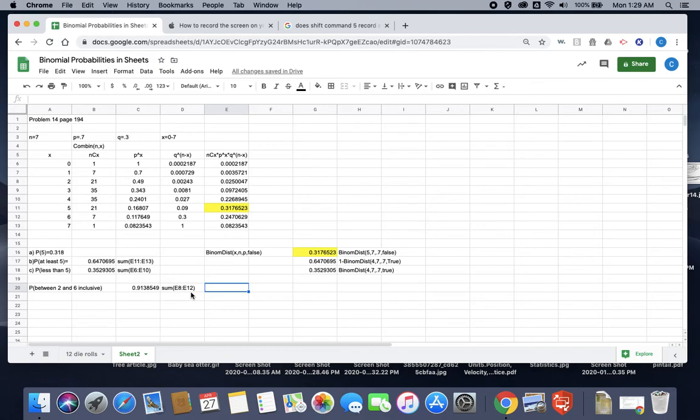The other way you can do it is to calculate a cumulative sum of 0 and 1, and a cumulative sum of 0 through 6, and then subtract those values.